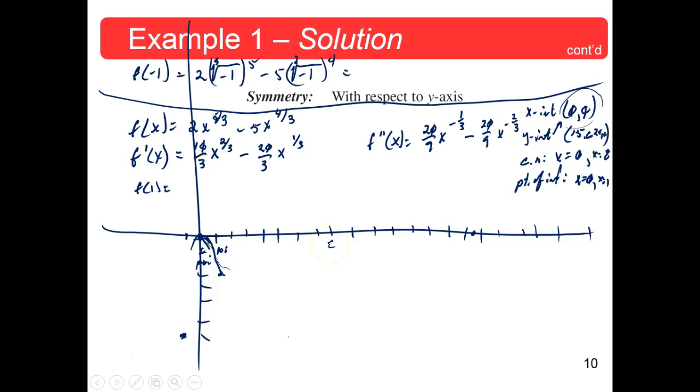Let's do our other critical point here. This was -3. Let's do f of 8. Okay, that would be 2 times the cube root of 8 to the 5th power minus 5 times the cube root of 8 to the 4th power.